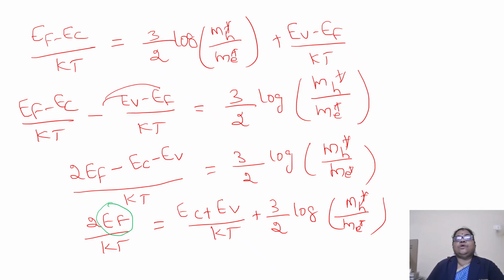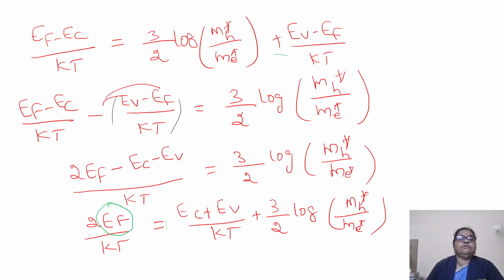And the next step is I want this (EV - EF)/kT on the left hand side. So here we have a plus term, and here I put a minus term, minus of (EV - EF)/kT, that is equal to 3/2 log of m_h* by m_e*.